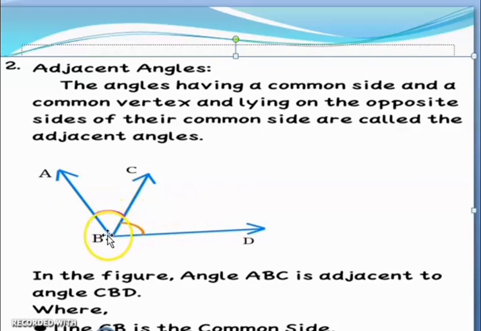Because these angles share common vertex B and common side BC. This is the common side of both the angles, and this point B is the common vertex of both the angles. So when two angles share a common vertex and a common side, they are called adjacent angles.